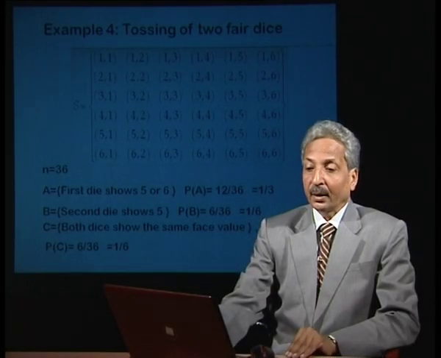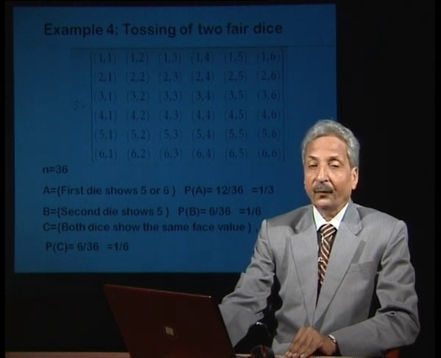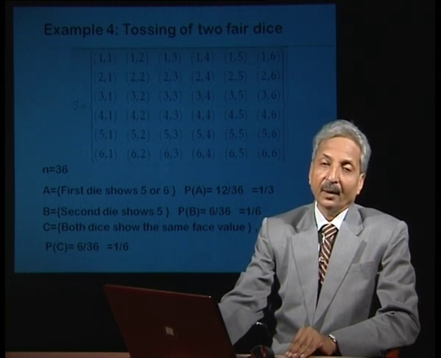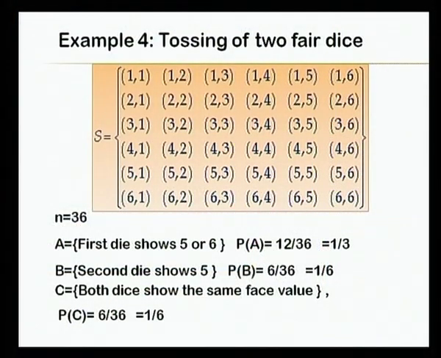Now, let us look at this example of tossing two fair dice. We know that in the tossing of two fair dice experiment, there are 36 possible outcomes. For example, this outcome 2, 3 means that 2 comes on the first die and 3 occurs on the second die.